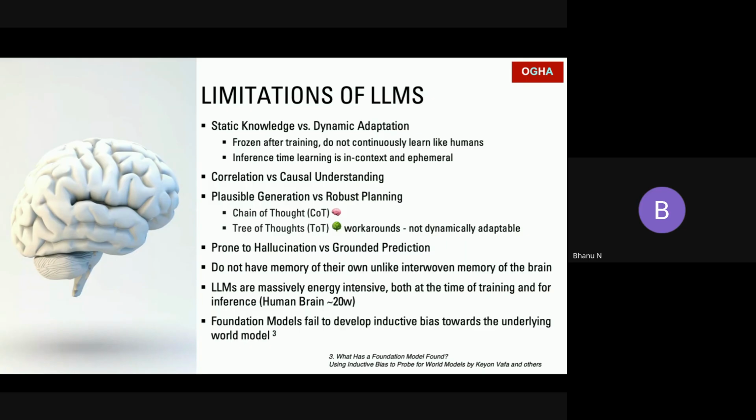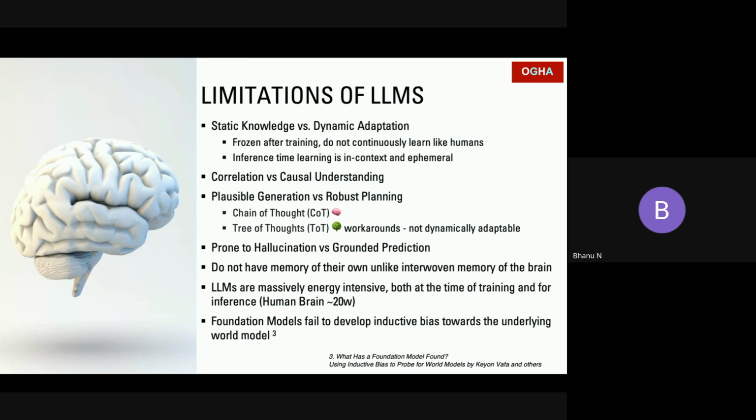So basically, they failed to develop this inductive bias. They stayed in the realm of very precise pattern recognition. So they're good at correlation, but they were not good at understanding the underlying world model. That's the precise limitation for you to get to AGI or the next level.